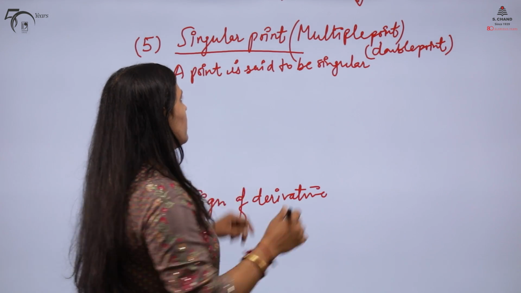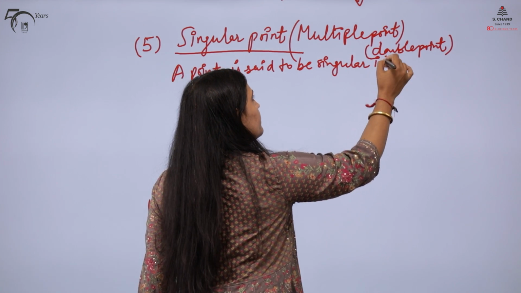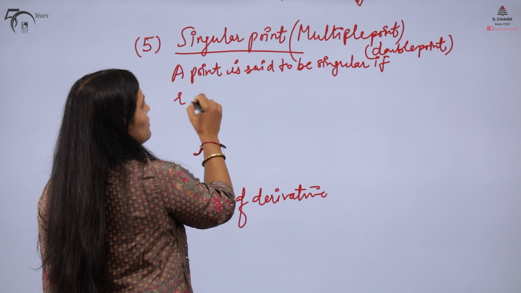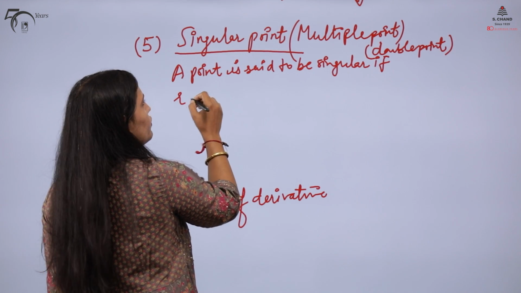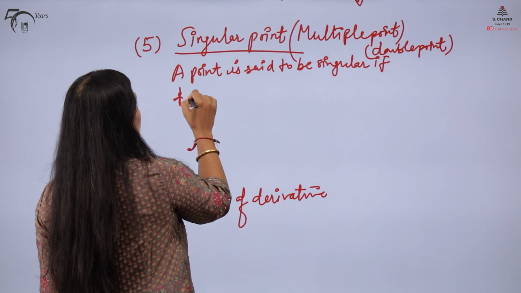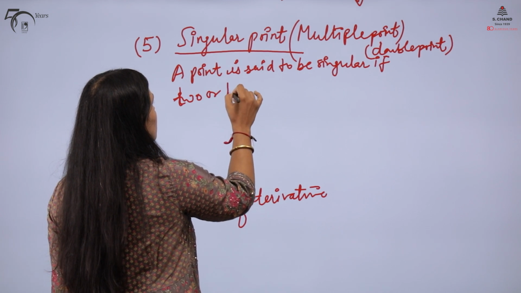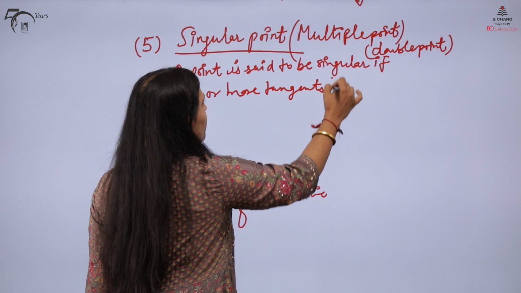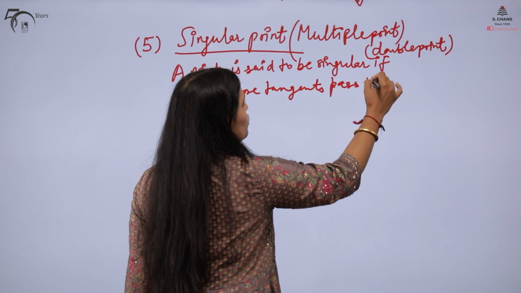When will a point be singular? A point is singular if 2 or more tangents pass through that point.